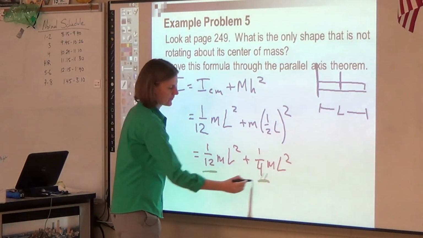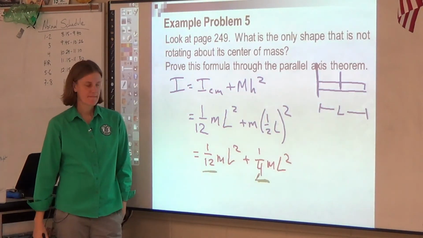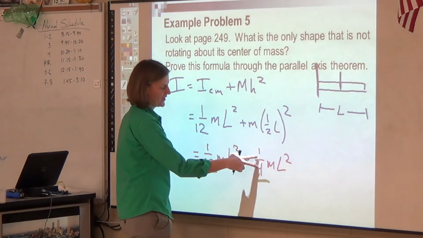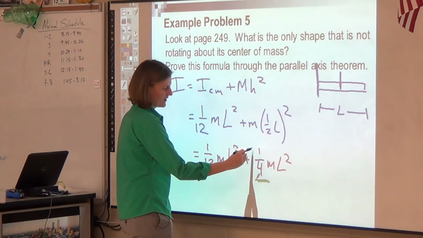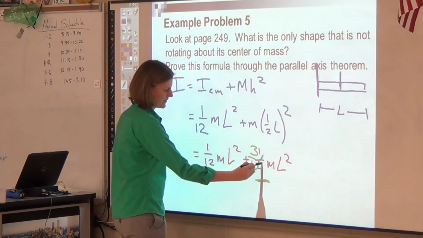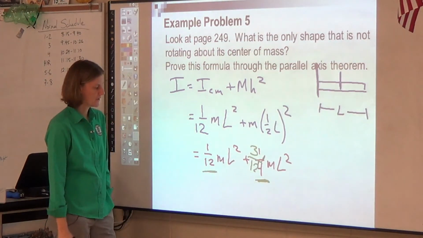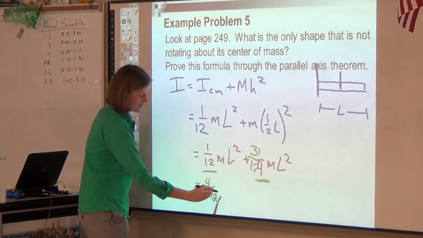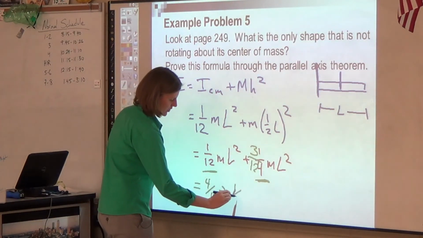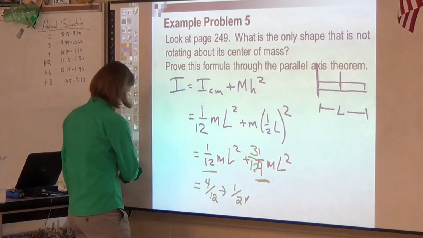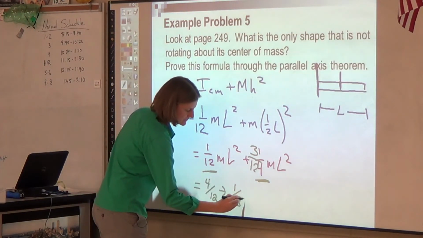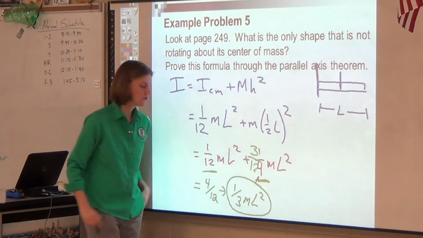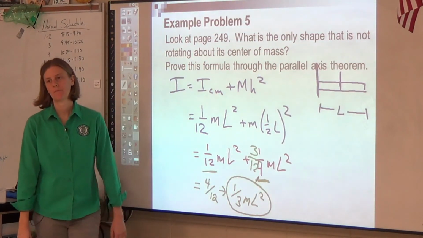Half squared is a fourth. Make yourself a little common denominator. You've got a 1/12 m l squared and then a 1/4 m l squared. So turn that fourth also into a twelfth, and 1/4 would be 3/12. So 1/12 plus 3/12 gives you 4/12, which is the same thing as 1/3 m l squared.